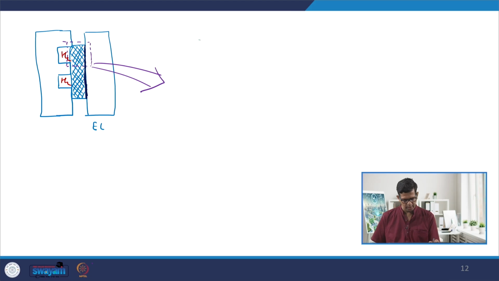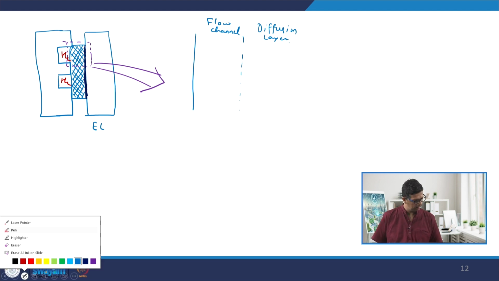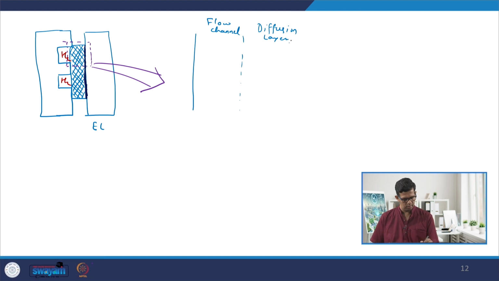I can see that there is a flow channel. This is my flow channel, and there is a diffusion layer here. And then we have a catalyst layer. So, we have hydrogen flowing through these channels.